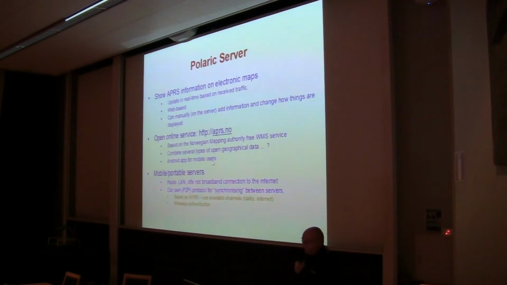So the fact that we have a free web mapping service here is essential. And last year they opened up raw data, some of it at least. Not only the map images, but also some of the map data. That's an interesting trend, that public data is opening up and we are using this.